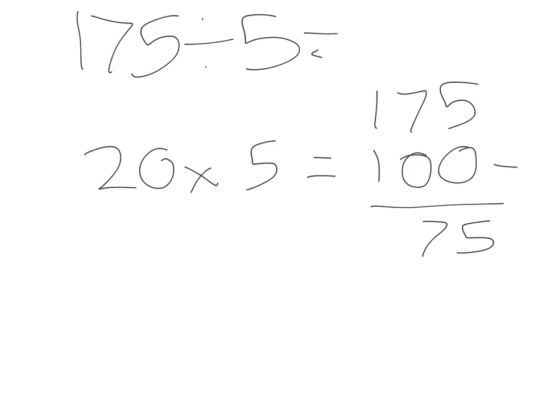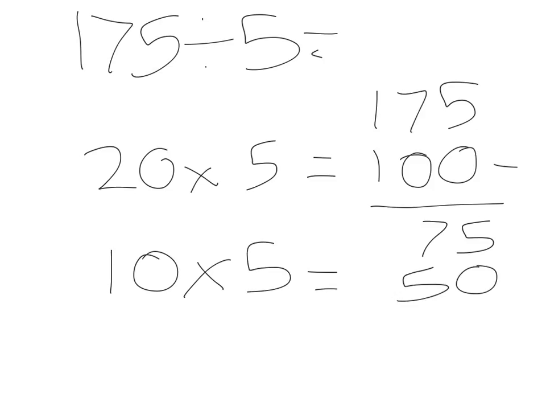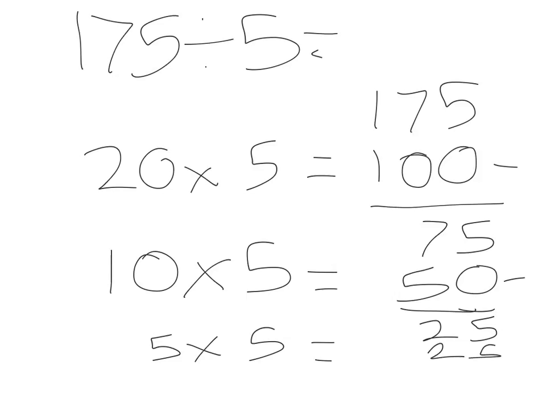Now I'm going to do 10 times 5 because I know that makes 50. Subtract those two again, which will leave me with 25. And I know that 5 times 5 equals 25, running out of space.